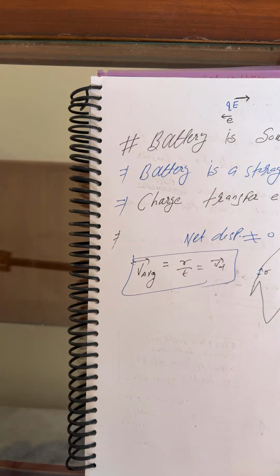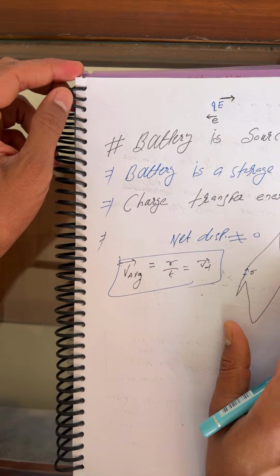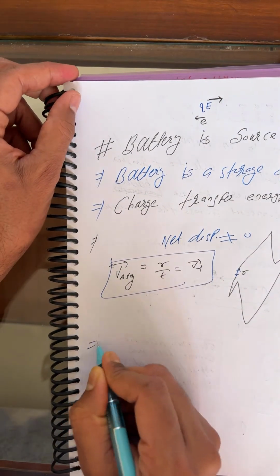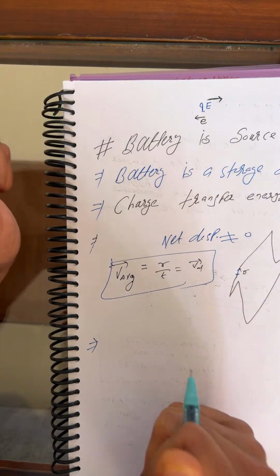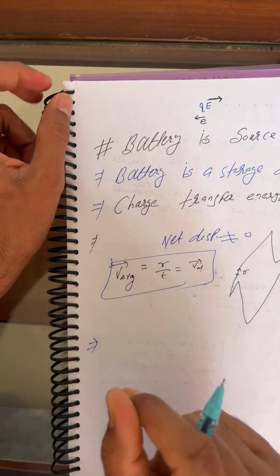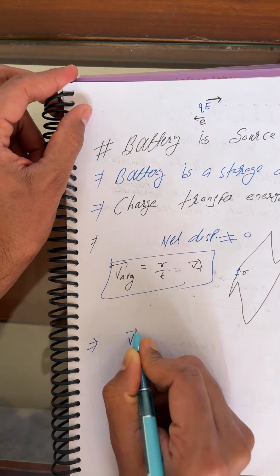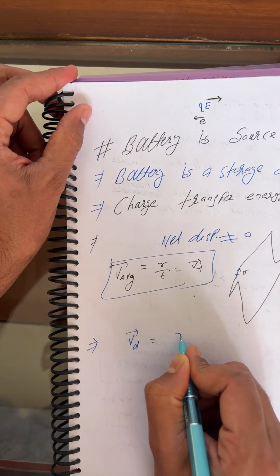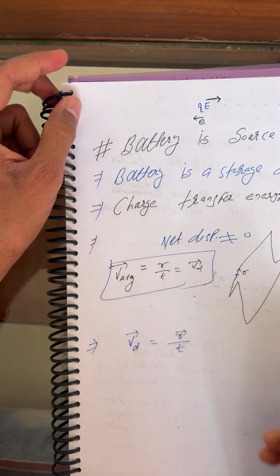Because inside the conductor there is a random motion of charged particles, here we have to talk only about the average velocity. That average velocity is nothing but the drift velocity. This is displacement upon time.